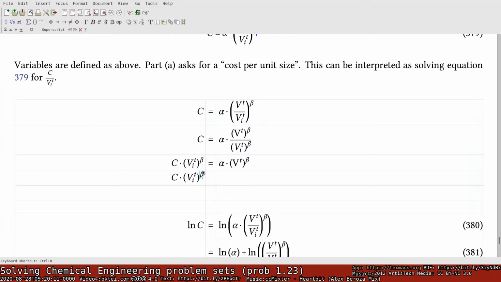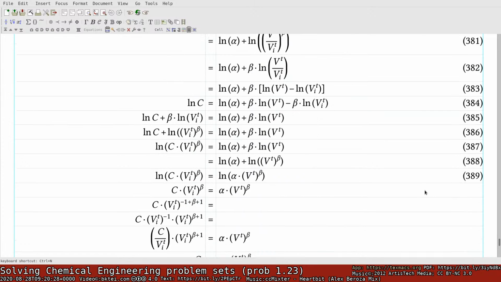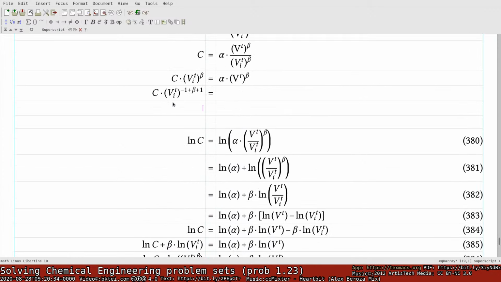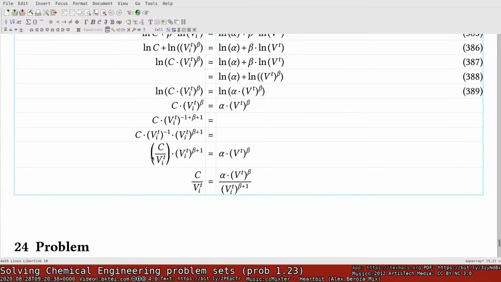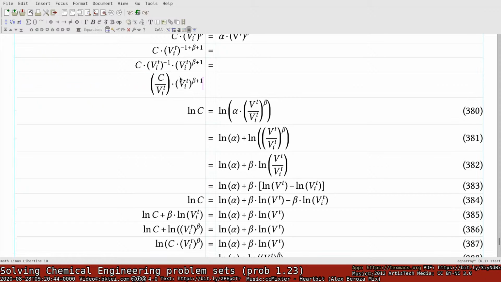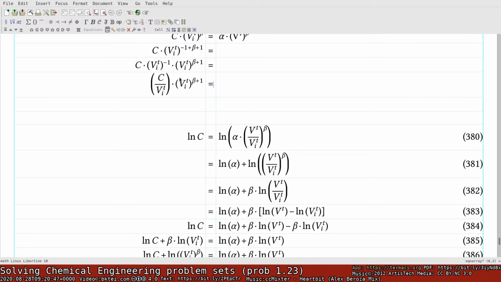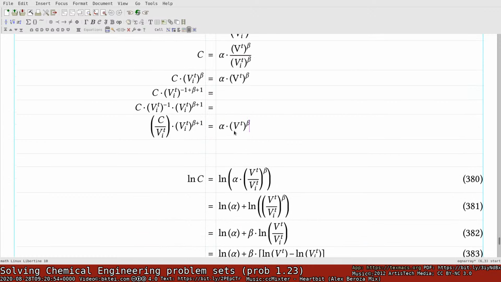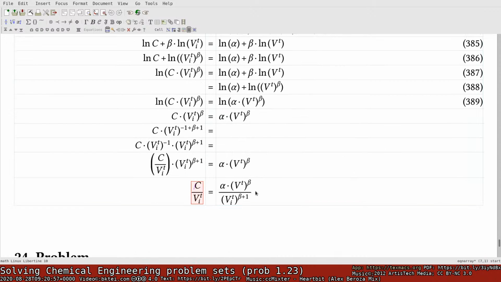And then we do some shenanigans up in the exponent: -1 plus beta plus 1, which we then split into those two terms, which we then can rewrite like so. Which we can then do that.